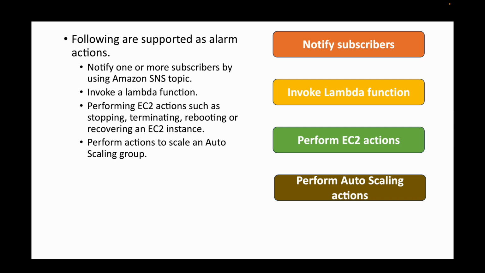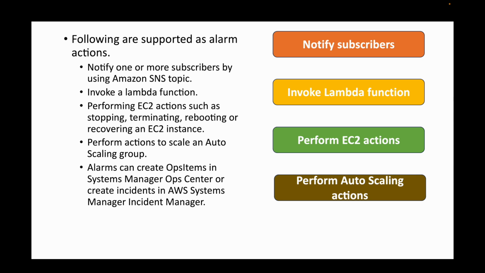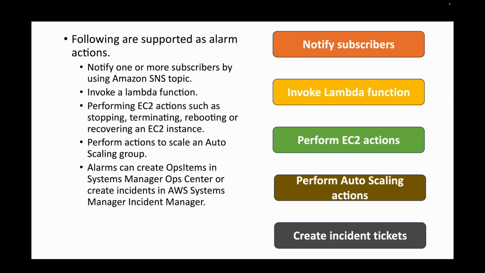So launch new instances or terminate your instances, we can perform that. And we can also create incident tickets. So we can make use of the Systems Manager service to create tickets, which can then be addressed by the respective teams. All right. So once again, your CloudWatch alarms can be used to monitor a single metric and then take certain actions. That's basically an introduction to your CloudWatch alarms.